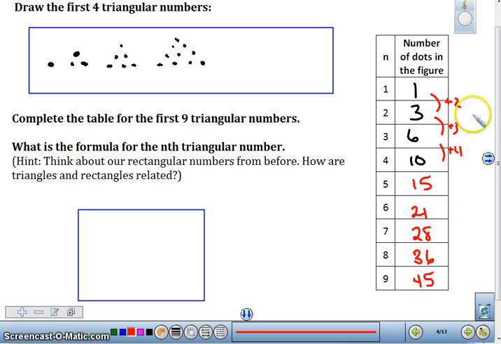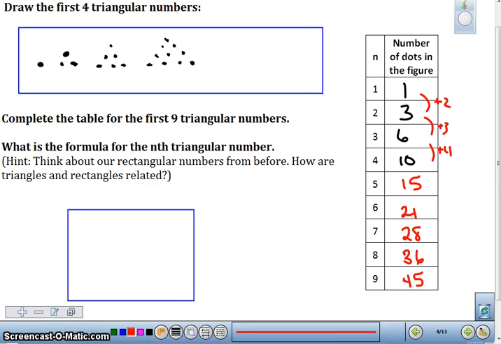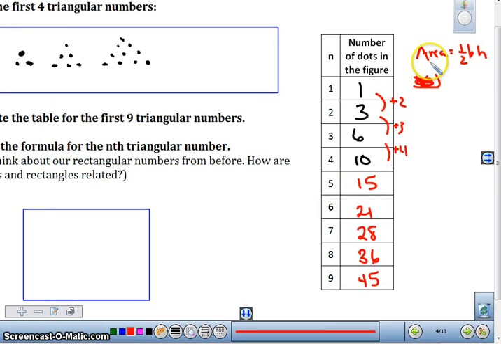So each time I'm adding. But I also want you to think of what is the formula for the area of a triangle: base times height times a half. In this case, to get 1, we're going to take 1 times 2 and divide it by 2, that's our 1/2. That comes out to give us 1, this number.